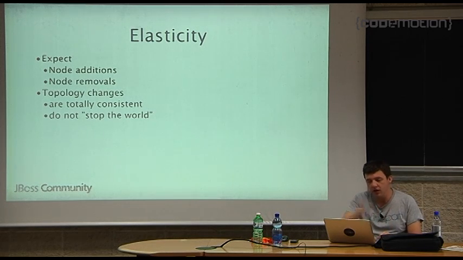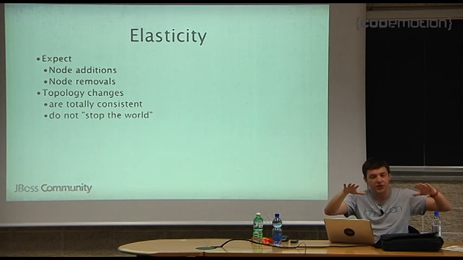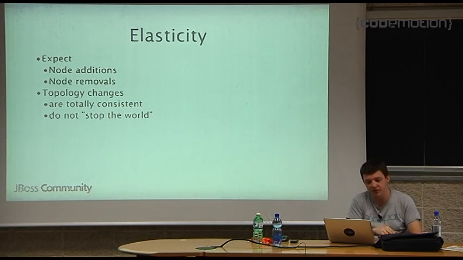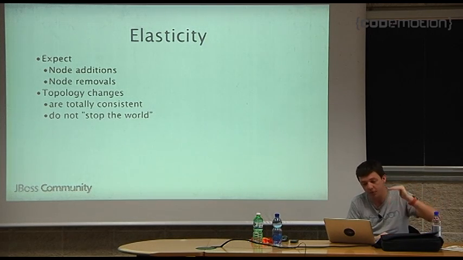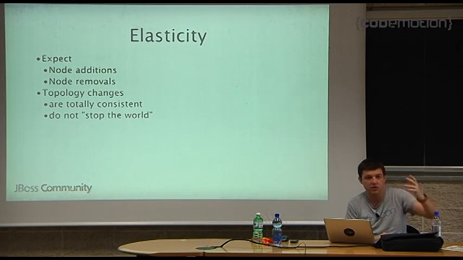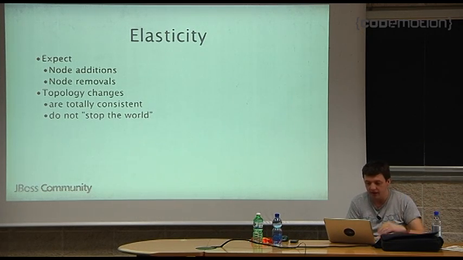So if you take a node down, not to stop the cluster and still offer very high consistency guarantees is quite hard. So we use some quite sharp algorithms behind the scenes to make sure that if a node or multiple nodes go down, there won't be a stop the world. We won't just block all the clients for a while and then let them go.